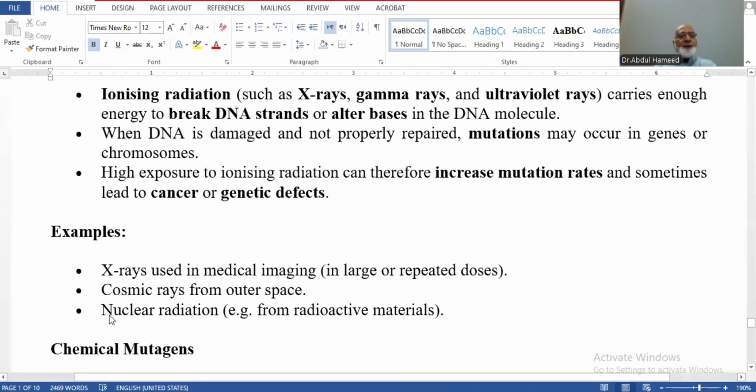For example, X-rays used in medical imaging: large or repeated doses are harmful, although the medical staff are exposed to X-rays in a calculated way, and there is a limit to the exposure during their working. Cosmic rays, we don't have control over them, and they come from outer space. Nuclear radiation, yes, we have control, and this is a new phenomenon in our observation. So they are from radioactive materials.